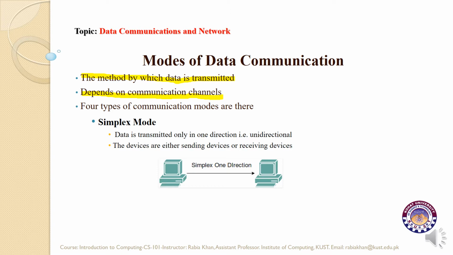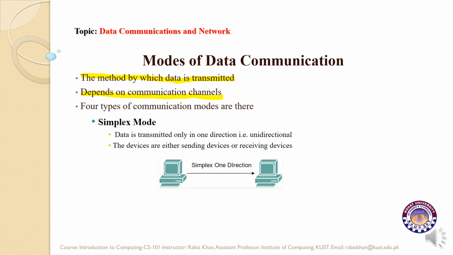A communication channel or communication link is a path for electrical transmission between two or more devices. The channel can be a group of wires or some specifically designated part of the radio frequency spectrum. So it can be wired or wireless simply.